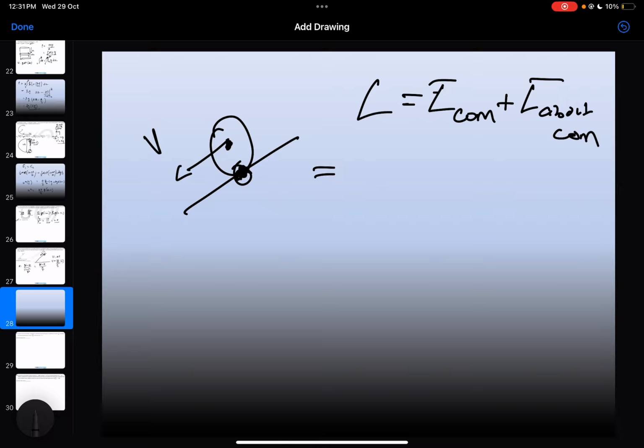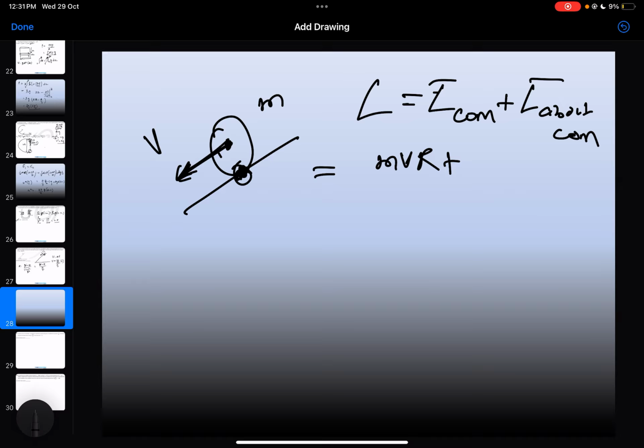So what will be the angular momentum of center of mass? You can assume the entire mass to be moving with velocity v. So mv, and the perpendicular distance is going to be r, plus angular momentum about center of mass.